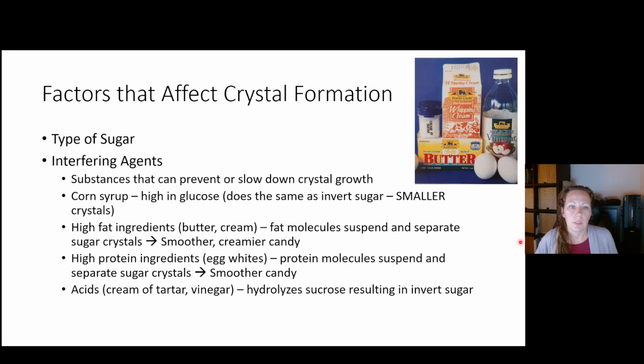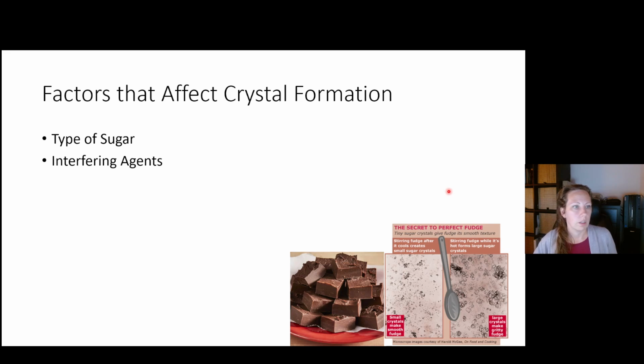And these are not necessarily a bad thing, right? We've specifically used some of these interfering agents when we don't want big crystals, or if we are trying to prevent crystal growth to begin with, okay?